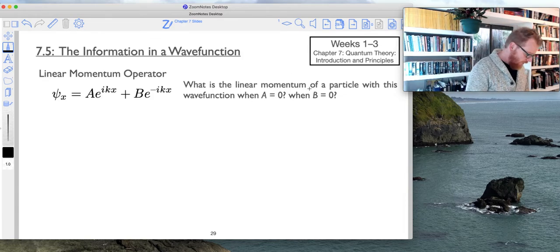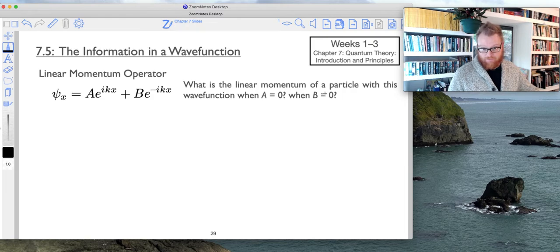So my linear momentum, if I want to know what it is, that's going to be the eigenvalue. And to get that eigenvalue, I have to use the operator corresponding to this linear momentum.